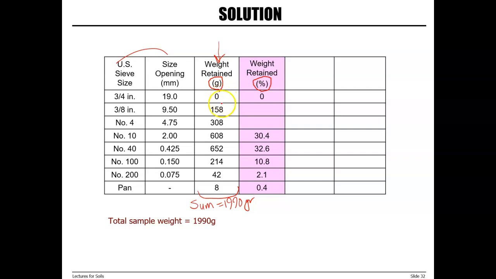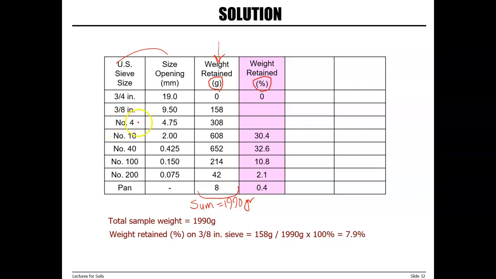So 0 grams out of 1990 grams is 0%. For 3/8 inch, 158 divided by 1990 grams times 100 gives us 7.9%.